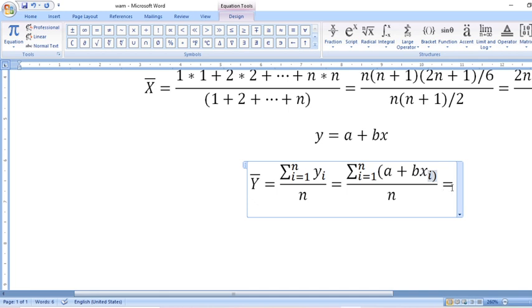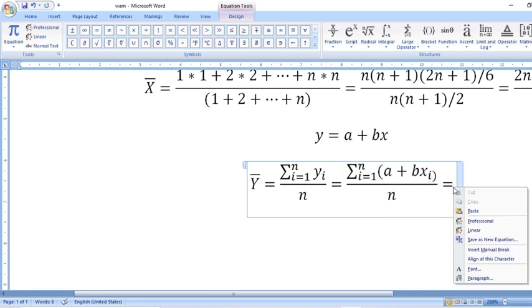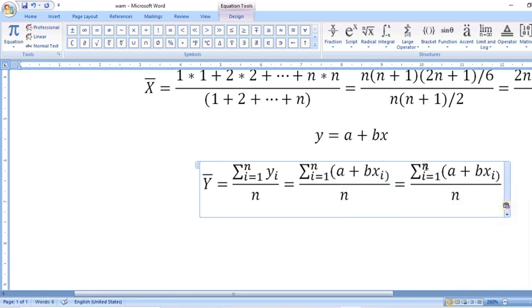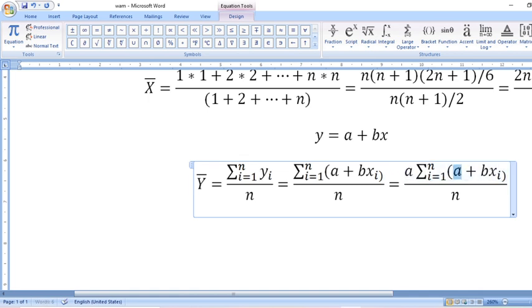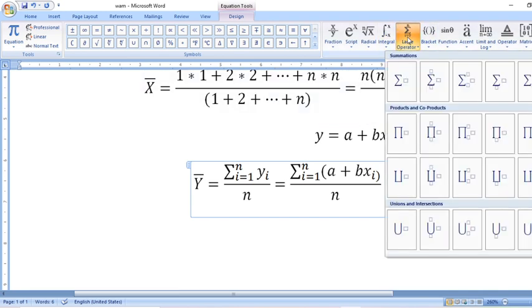What will be the next step? You can take the summation of a outside, so we will have only n along with a, and again we can take b outside from the second term.